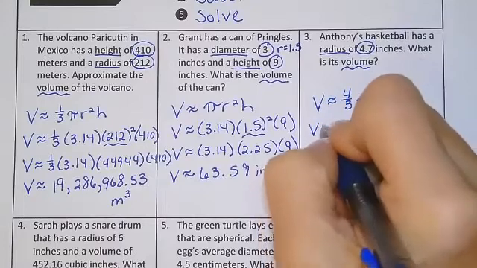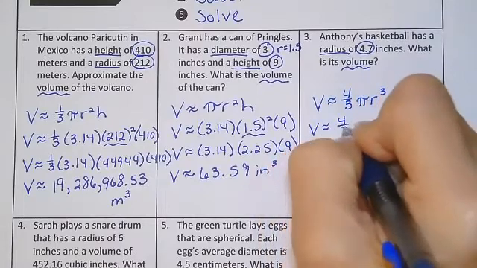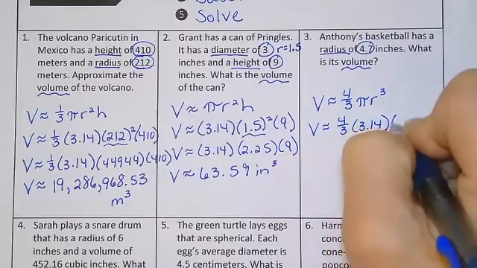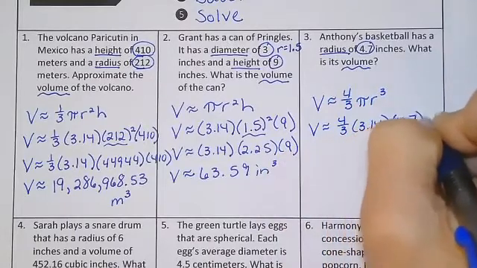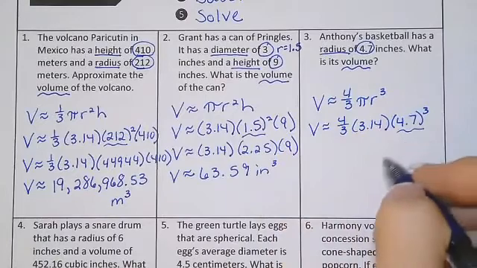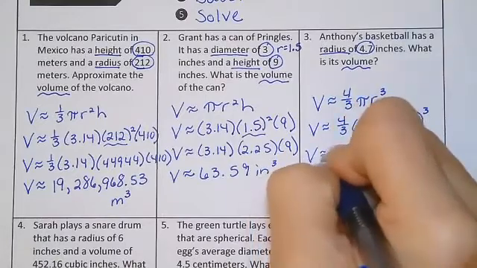Substitute the given measures. And now we're going to find 4.7 cubed first.